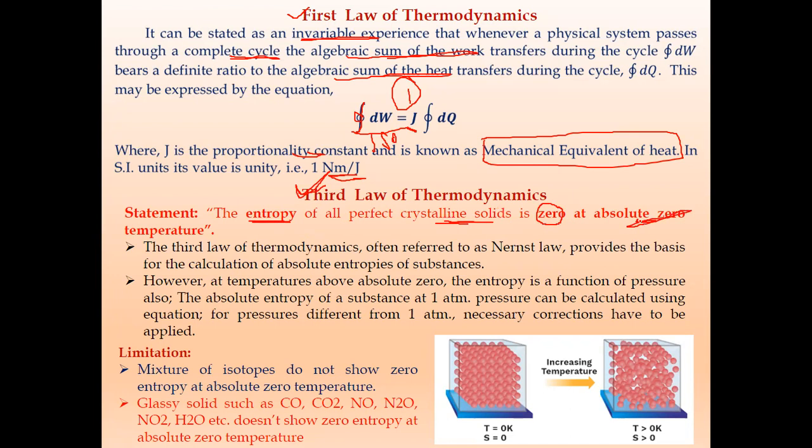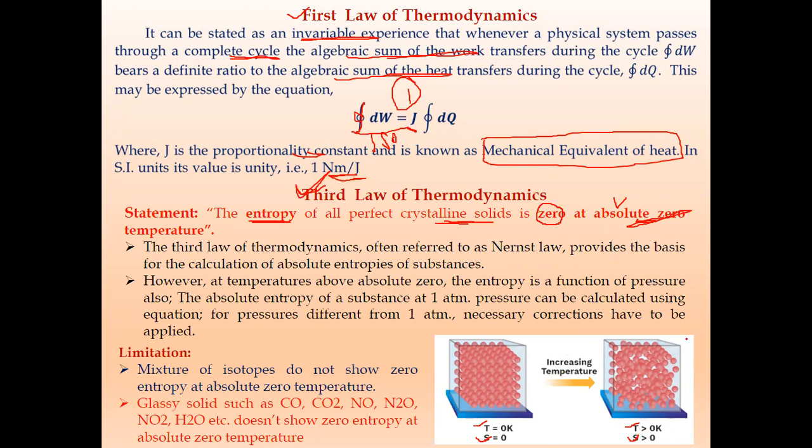Now this is very important. So entropy is zero for all crystalline solids, but it is at absolute zero temperature only. So if you see the entropy, yes, it is zero when the temperature T equals zero. And if temperature is greater than 0 Kelvin, the entropy is again greater than 0.